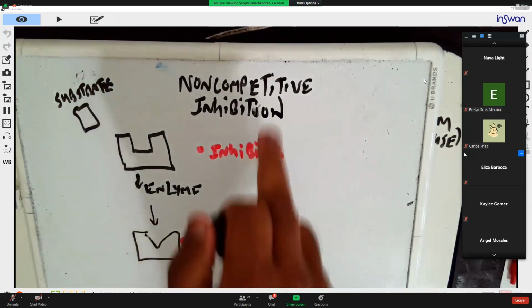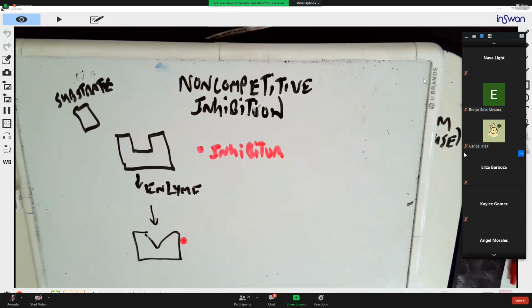So why is it non-competitive? Because no matter what, the substrate can't fit anymore. Right. So we're not competing for what now? For the keyhole. Yeah, which is the active site, right? They're not competing for the active site.